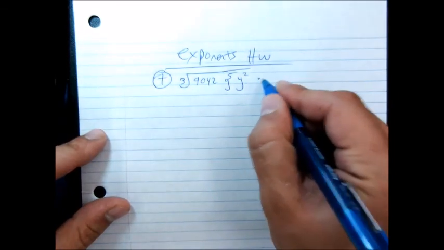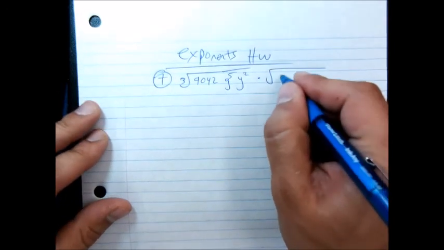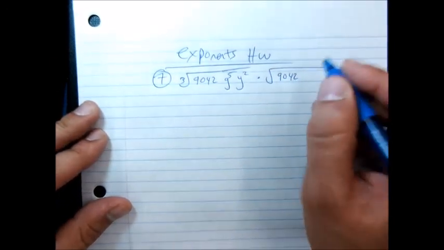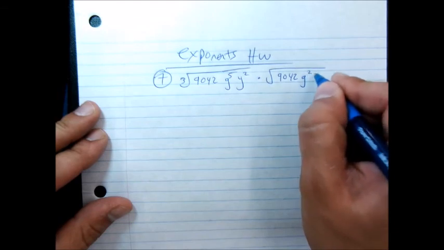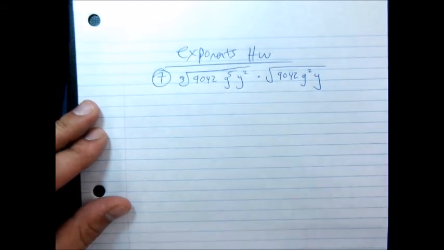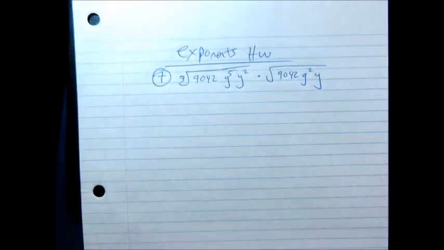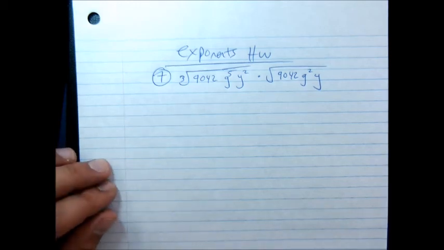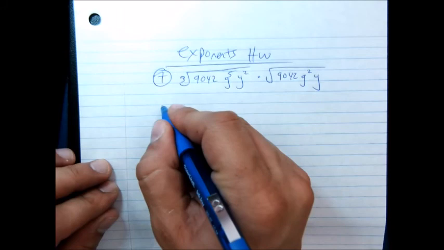And then it's being multiplied by a square root of the same large number times some other variables with different powers. And so again, yours will be different than this, but it looks the same. And the question is, simplify it down as much as possible, and it wants you just to enter the powers of the exponents and the constant, right? So based on what we talked about today, what's the first step?